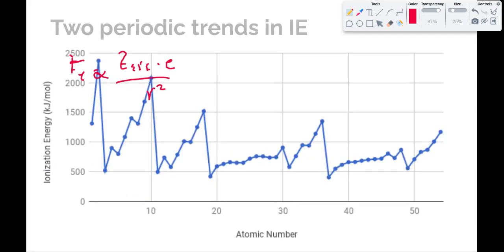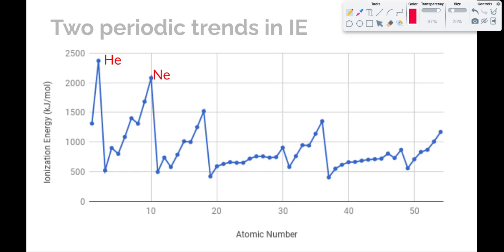Here are the trends that we see in ionization energy. Hydrogen, number 1, is fairly low. Number 2 is helium, and it jumps up quite a bit. Then we see a drop down to lithium, and then we go across the 2nd period, beryllium, boron, carbon, nitrogen, oxygen, fluorine, and then we get a high at neon, and then it drops down again.